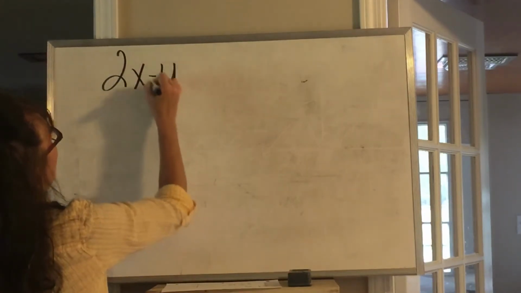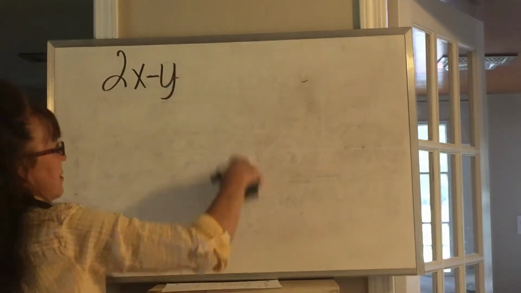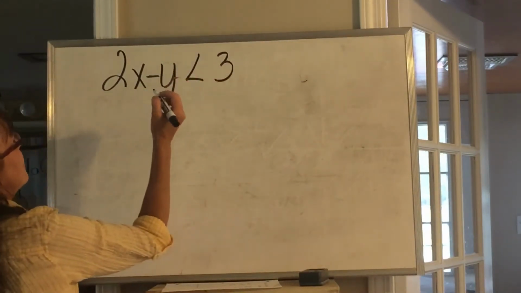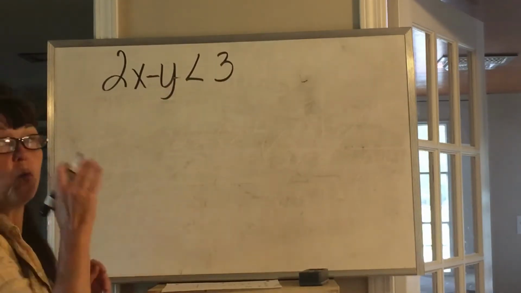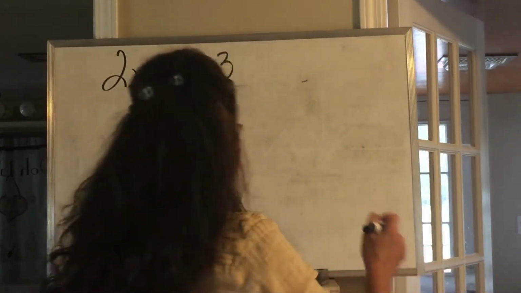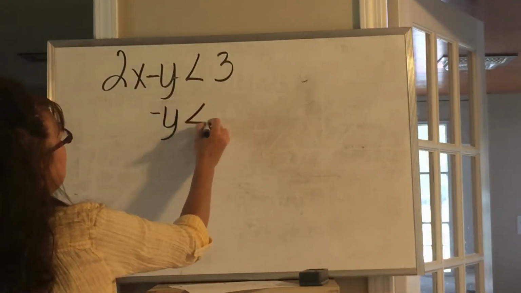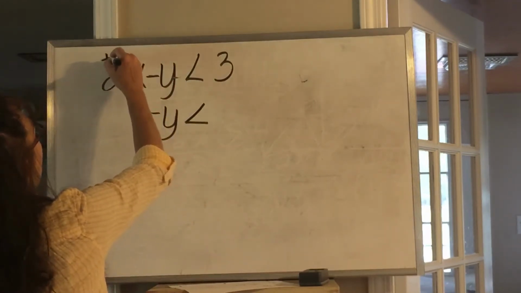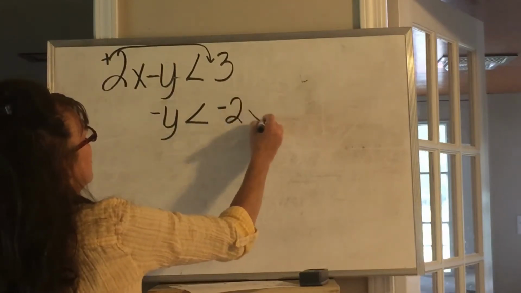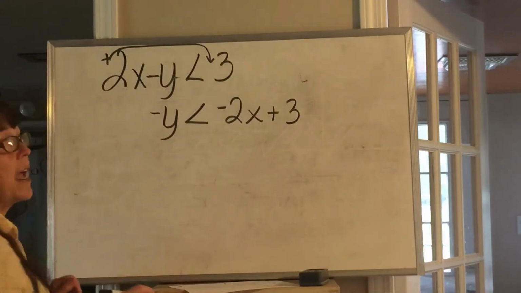2x minus y equal, oh, it's not equal, that's what we've been doing, just kidding, is less than 3. You still have to do y equals mx plus b form. So you're going to keep your negative y less than, your positive 2x becomes a negative 2x, and then bring down your plus 3, okay?